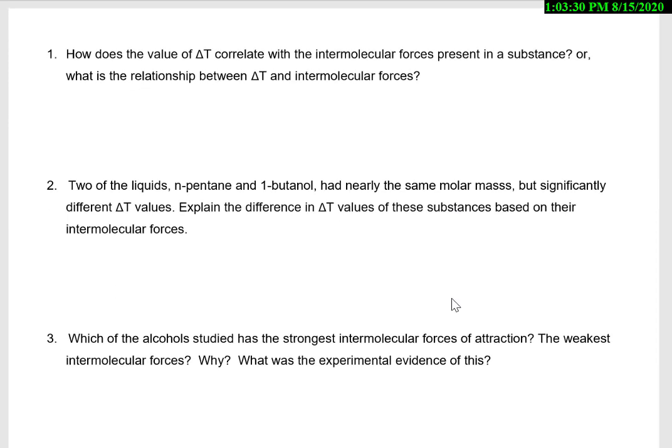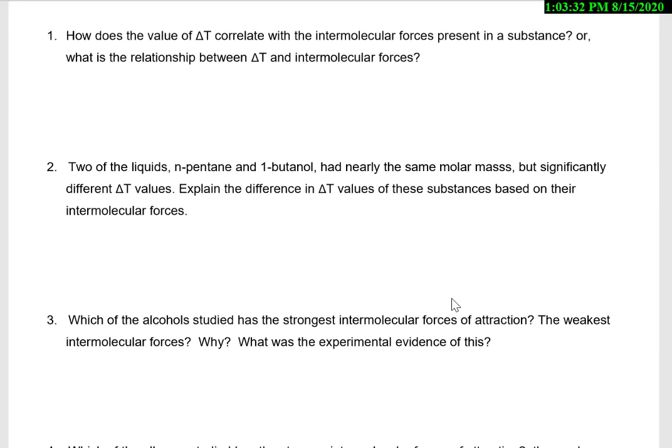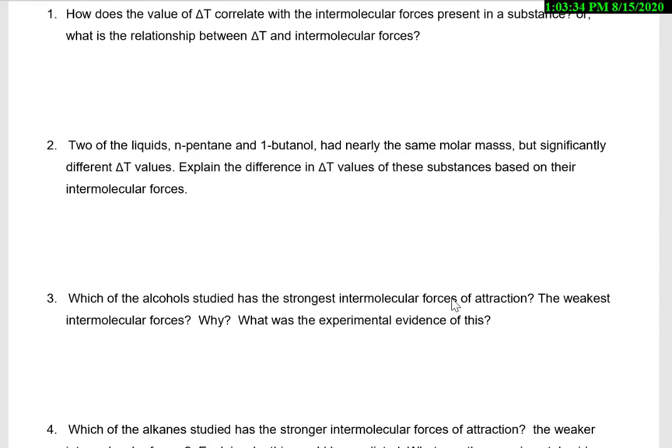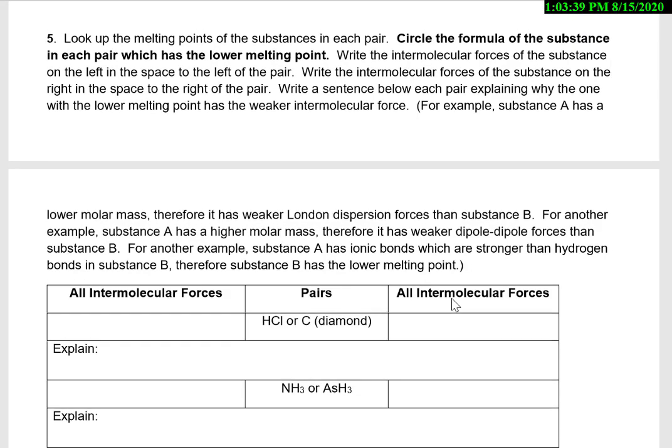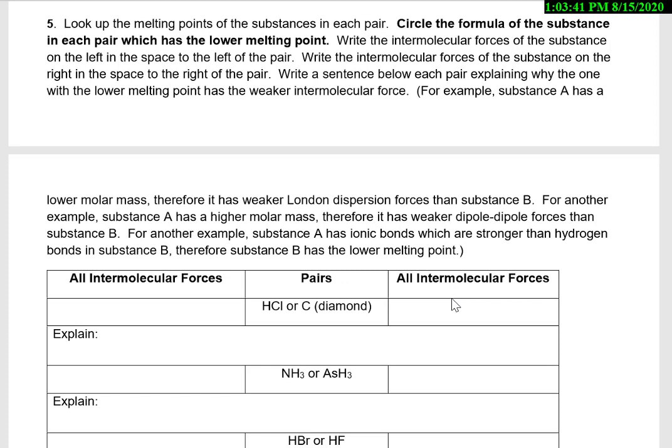You'll answer the post-lab questions using your data and your understanding of intermolecular forces. Down here in number 5, what you're going to be doing is comparing two atoms or molecules and their intermolecular forces, and you're circling the one that has the lower melting point. So I'll do one example with you here.